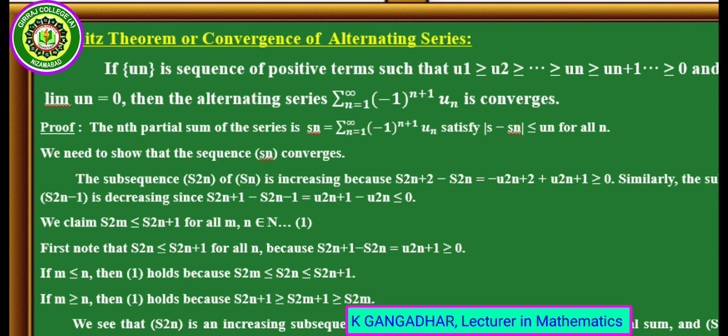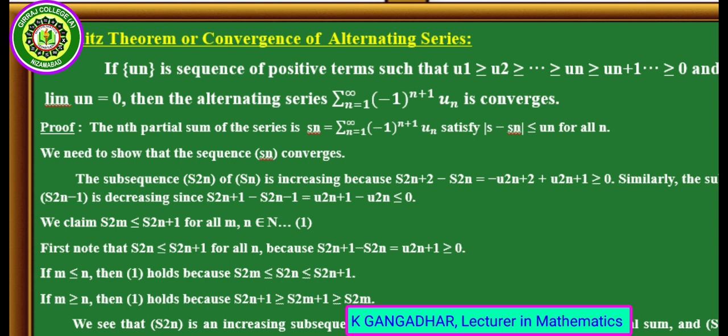So these two are subsequences of S_n. The sequence S_2n and the sequence S_(2n-1) are two subsequences of sequence S_n, and their definitions are given. S_(2n+2) minus S_2n equal to minus 1. This way we define. So now we claim S_2m less than or equal to S_(2n+1) for all m, n belongs to N.